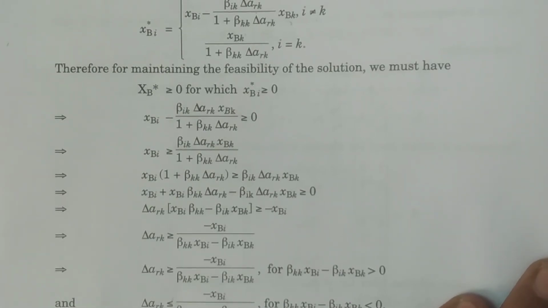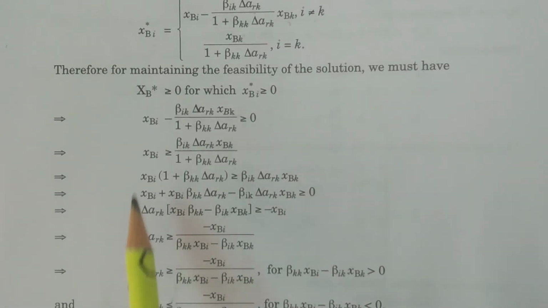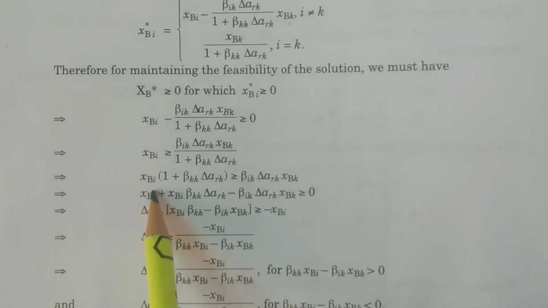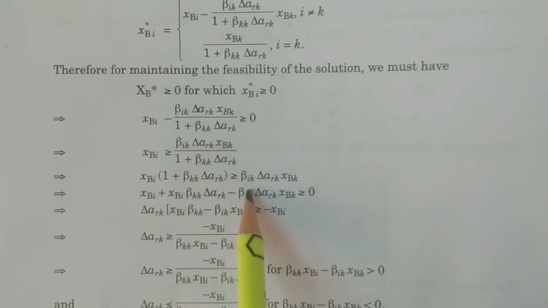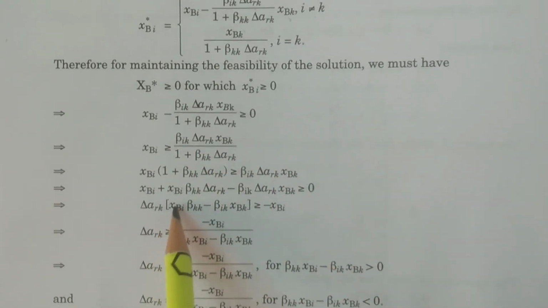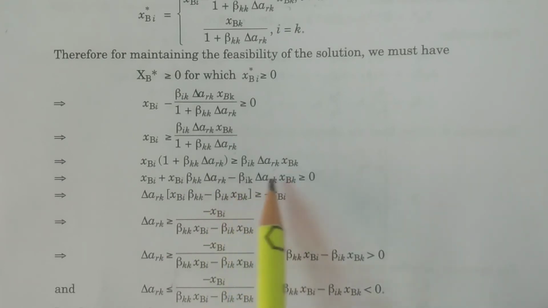Feasibility is to be maintained, and optimality is to be maintained, please remember. So xbi into 1 plus beta kk delta rk is greater than or equal to beta ik delta rk xbk, and you take the delta rk terms on one side and the remaining values on the other.